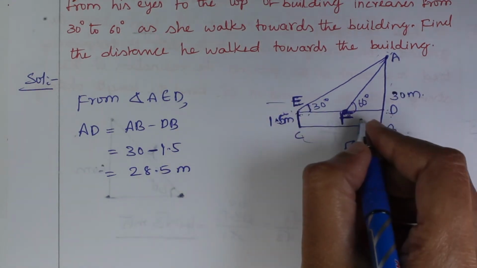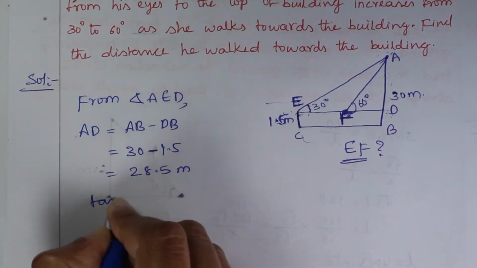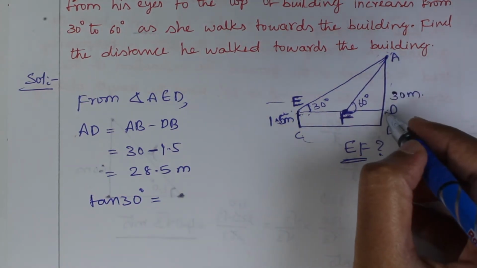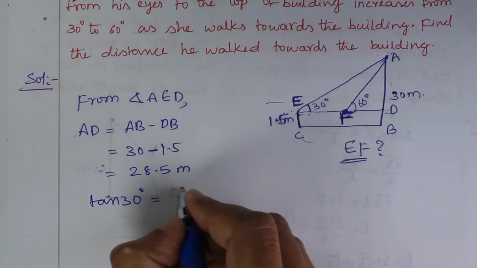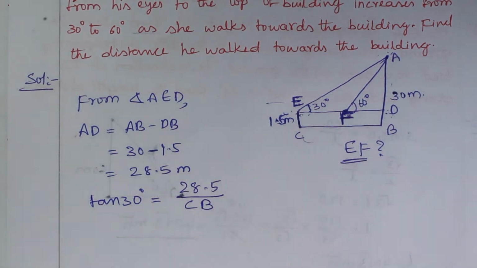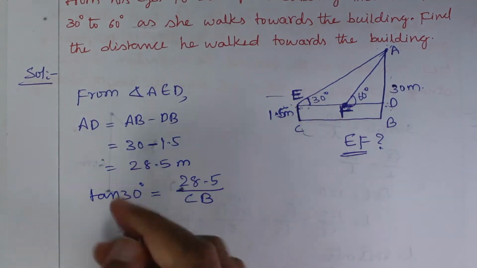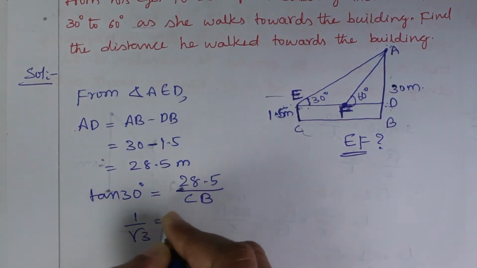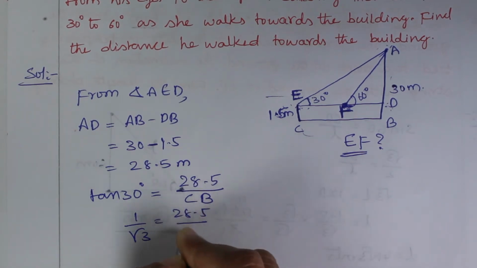So what can we use? We can use tan. Tan 30 degrees is equal to AD, 28.5 meters, divided by CB. Tan 30 degrees is 1 by root 3, which is equal to 28.5 divided by CB.